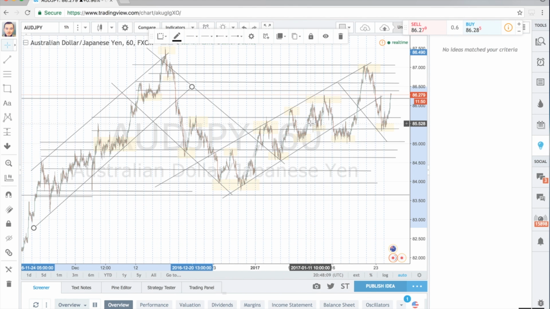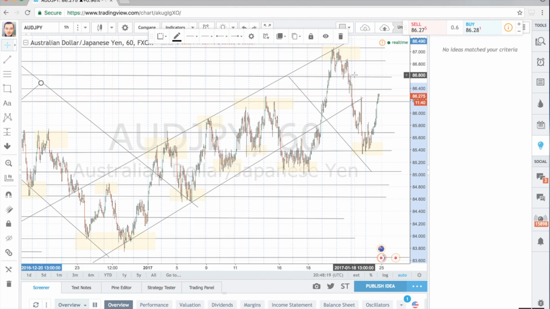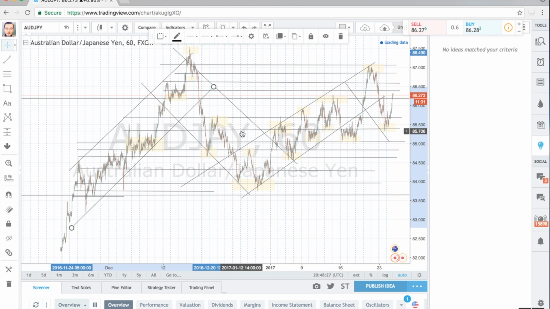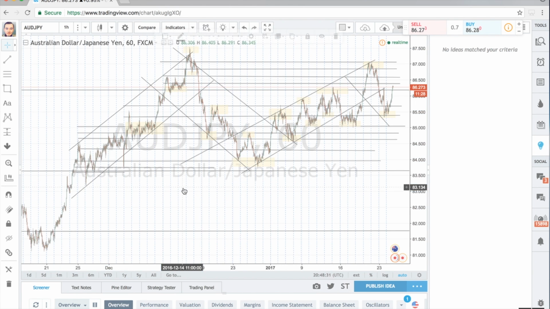So what have we learned? We've learned that support and resistance goes off of reaction points, right? Wicks and candles where the market reacted. Candles where the market reacted, right here. Market reacted to this, the market reacted to this, the market reacted to this, right? So we plot our support and resistance around there.